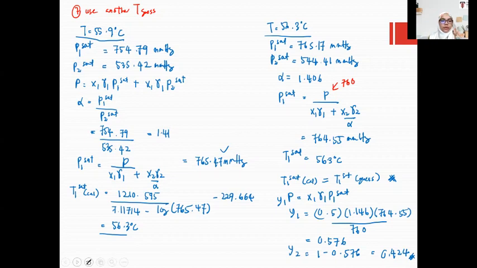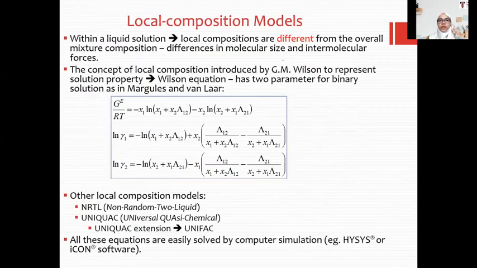I hope that you can try it on your own. The last topic is the local composition model. Within a liquid solution, local compositions are different from the overall mixture composition due to the difference in molecular size and intermolecular force. That means the local composition model concerns the interaction between the molecules or components inside the solution.